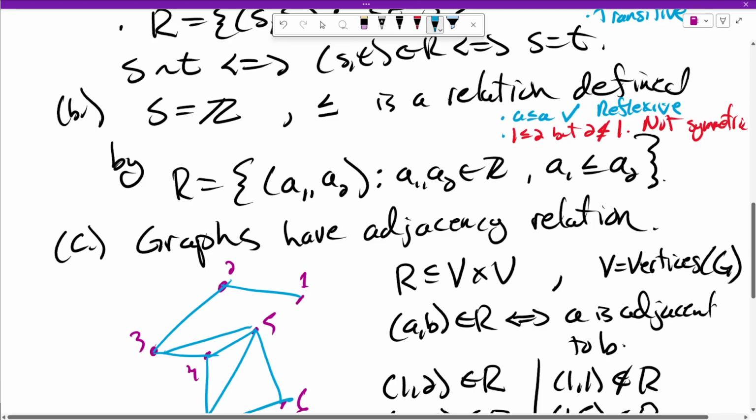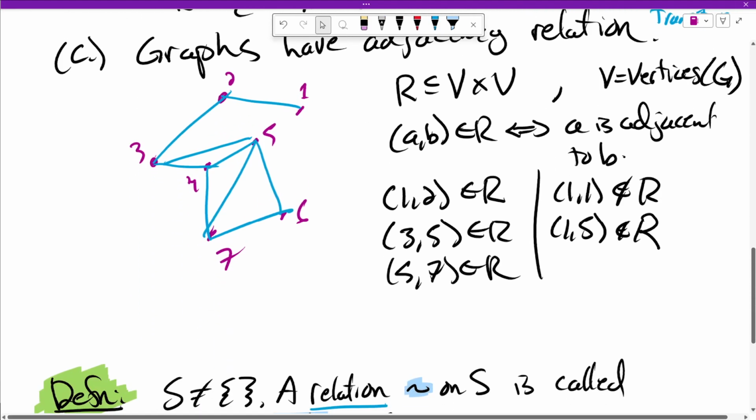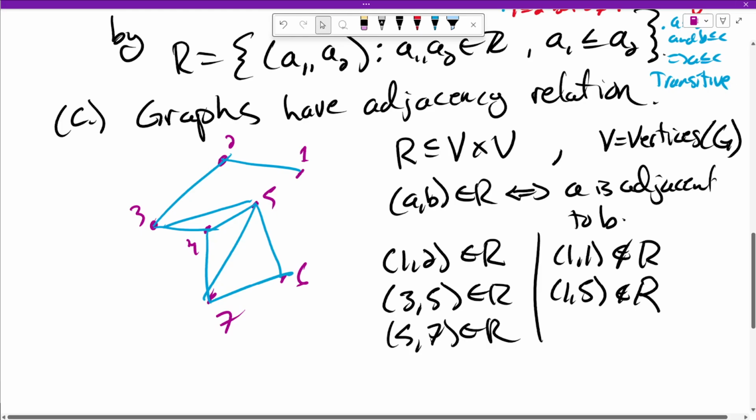Is it transitive? Yes, it is transitive. If a is less than or equal to b and b is less than or equal to c, then a is less than or equal to c. Great. So this one fails to be symmetric. Bummer, but that's okay. This is to be expected. Not everything is going to be a good notion of sameness.